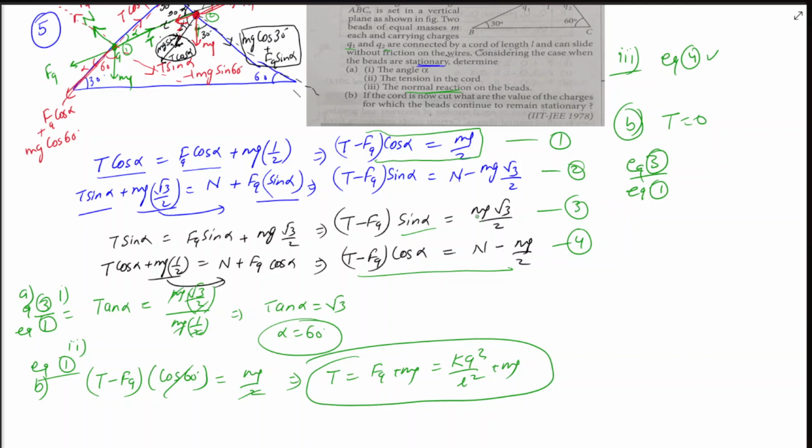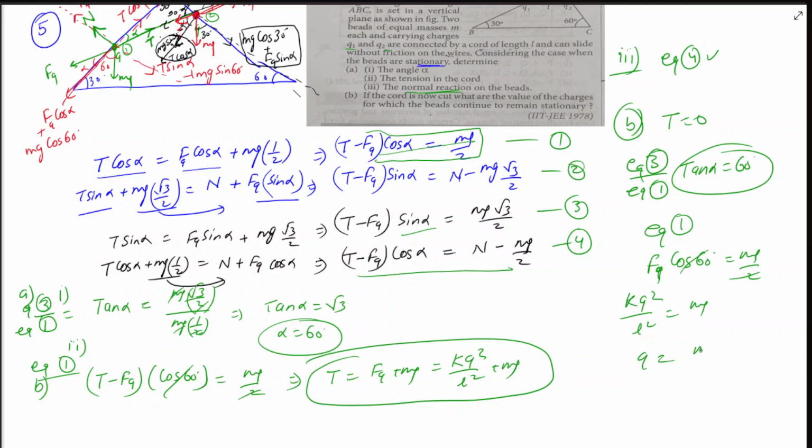It does not matter if T is there or not, tan alpha will still be root 3, so alpha is still 60 degree. So from equation 1, we can write FQ cos 60 degree equals mg by 2. So it will get cancelled out. FQ is KQ square divided by L square, which will be mg. So Q will be the square root of mg L square by K. So this will be our answer.